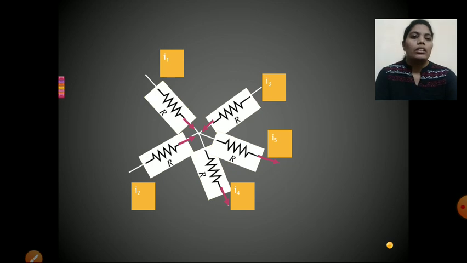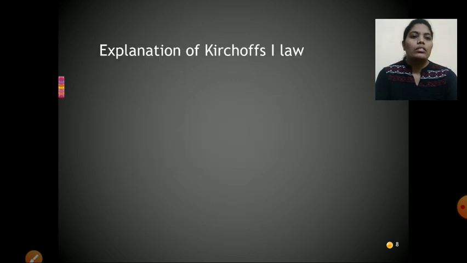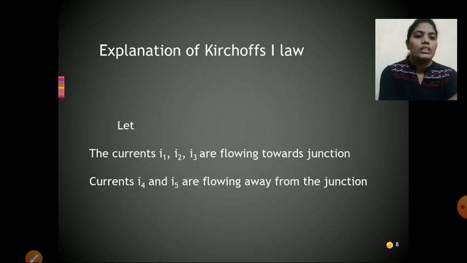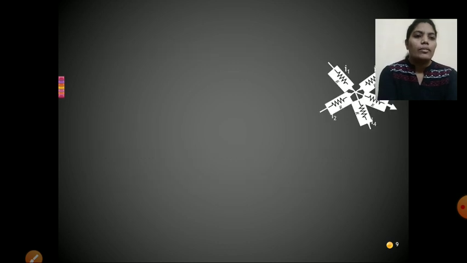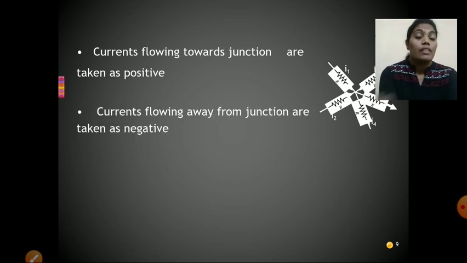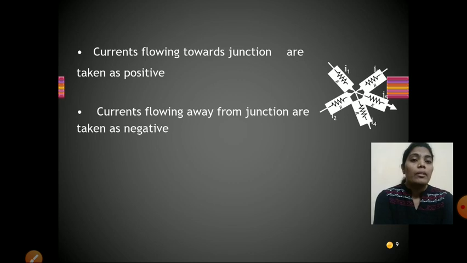Now, currents flowing towards the junction are taken as positive. This is a very important sign convention we need to remember: currents flowing towards the junction are considered positive and currents flowing away from the junction are taken as negative.